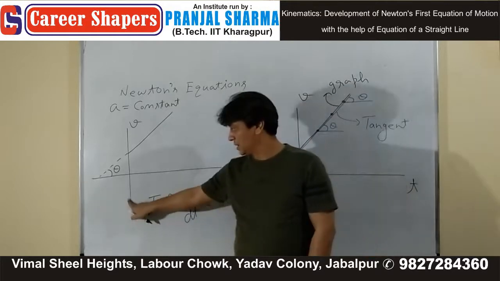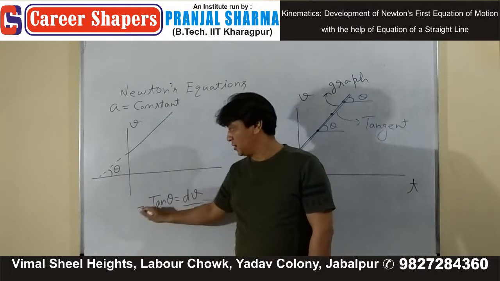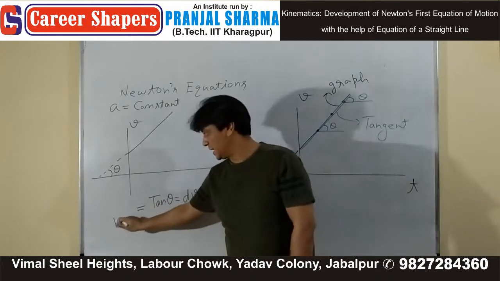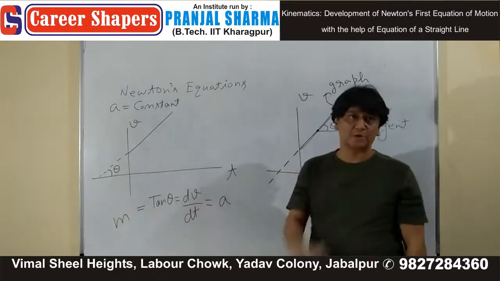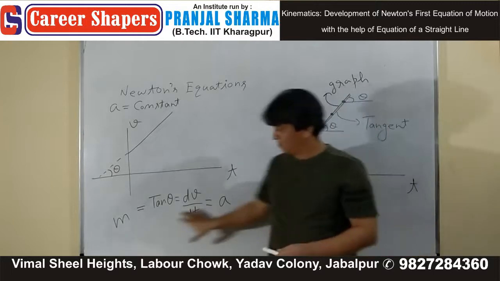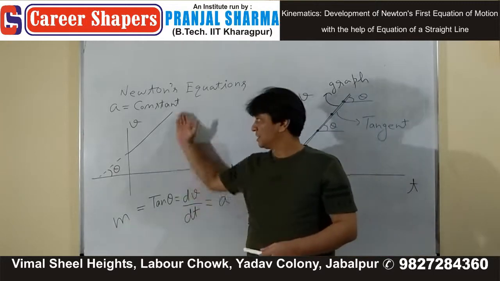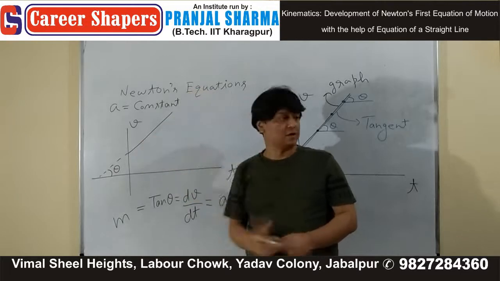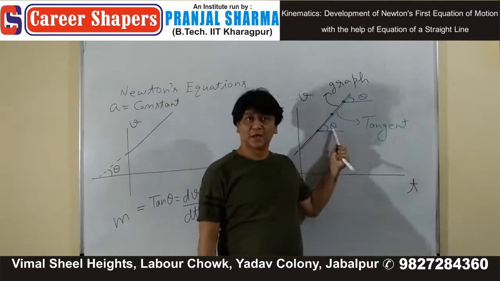But tan of theta for a straight line has a name, and that name is what? M. I think things are clear. This is the line. This line itself is a tangent.